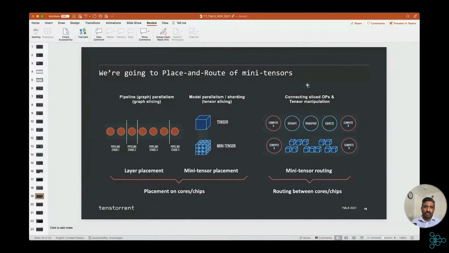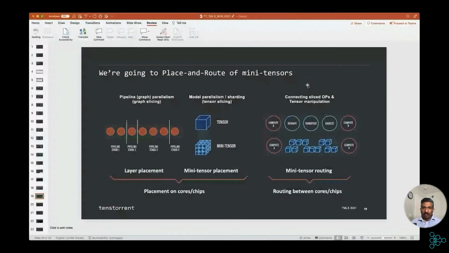The way we achieve this is that our microarchitecture has to do what is called place and route of our tensors. To enable that, we have a mesh of cores, and our compiler has the problem of deciding which tensor gets placed at which core, and we also break the tensor into mini tensors so that we can break down the problem and make use of the parallelism in the graph.